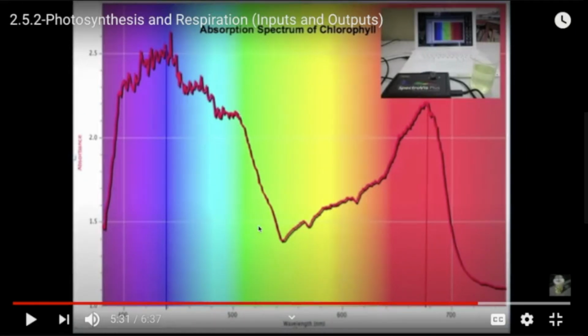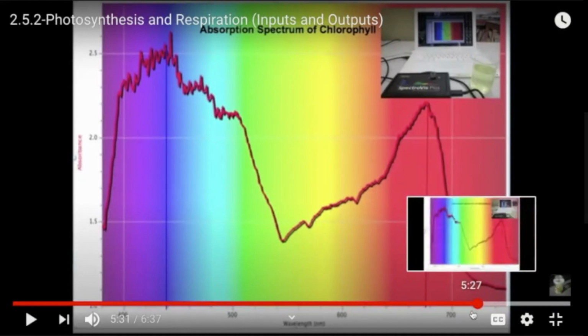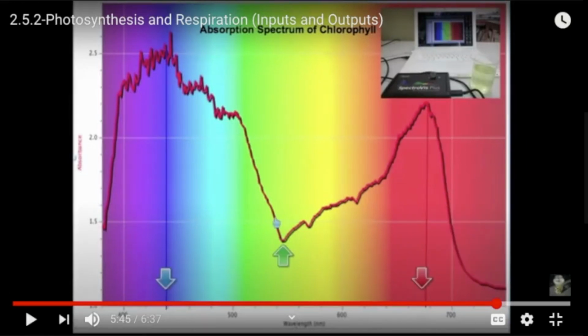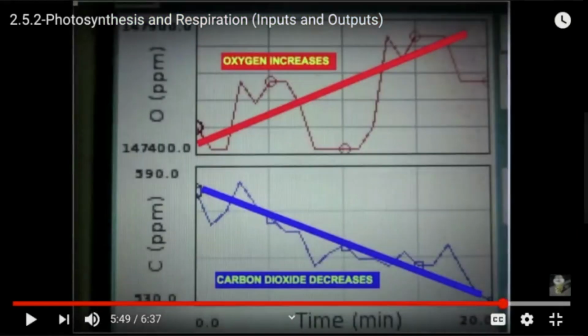This is called the absorption spectrum of chlorophyll. Okay, so I'm just giving a little preview because it's related, and I've got it on this video for topic 2.9 for IB biology.